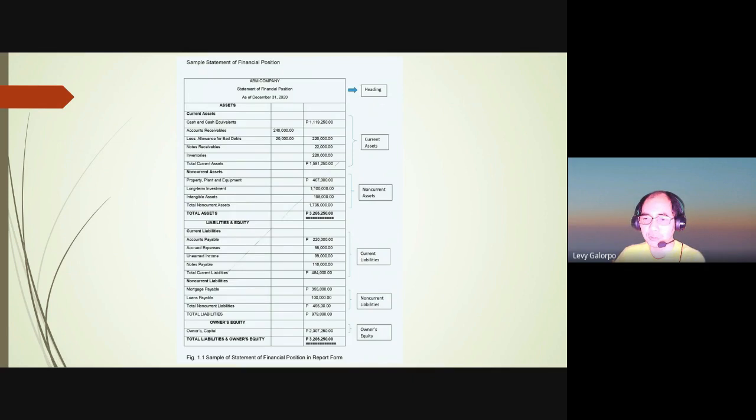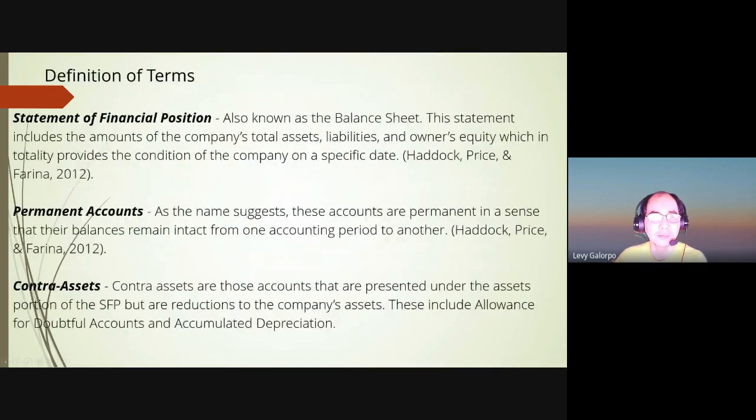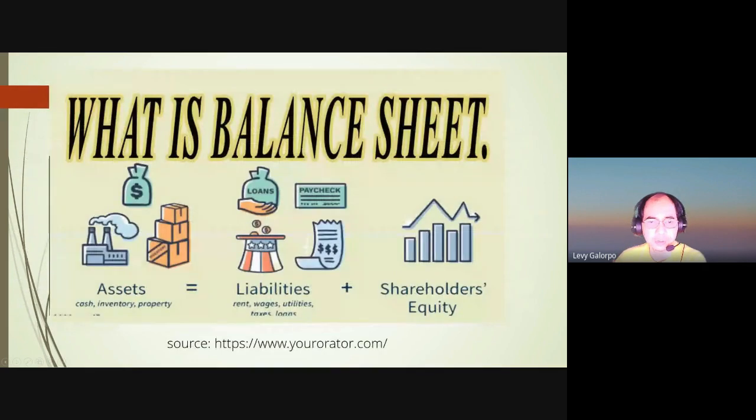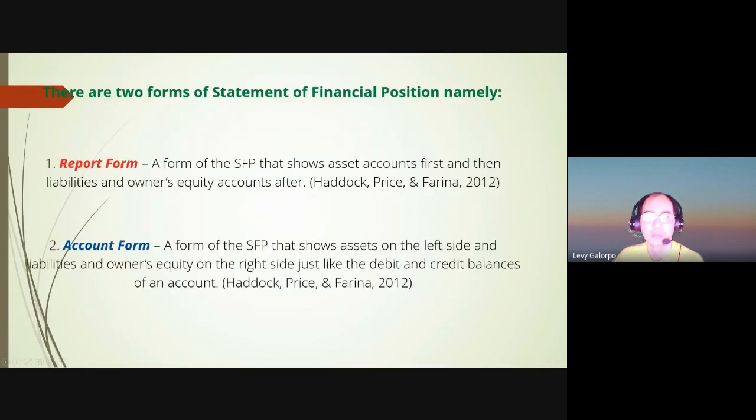Ano ba yung kaninang narinig natin na permanent accounts at contra asset accounts. Okay. So, sa nakikita ninyong balance sheet, alin dyan ang permanent accounts? Sabi, ito raw ay nananatiling intact from one accounting period to another. So, tingnan natin.